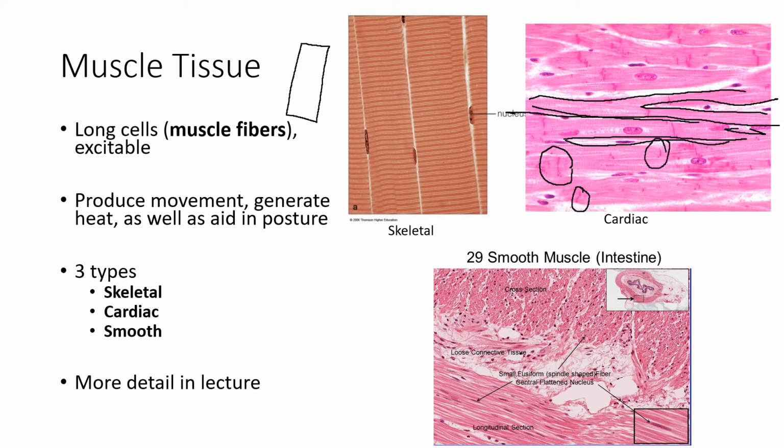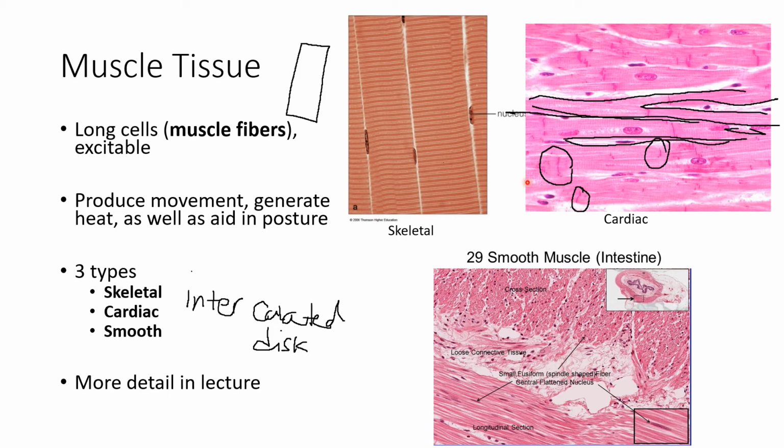They're called intercalated discs. I will do my best to write it here. It's also in your lab manual. Intercalated disc. So these are characteristic. If you see these dark vertical bands, you know you're looking at cardiac muscle.